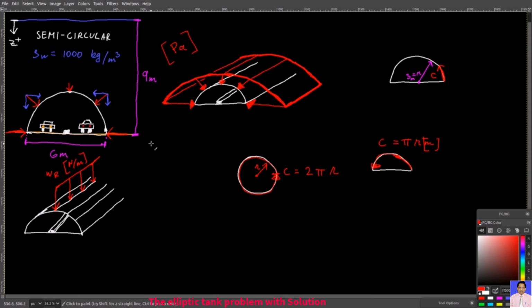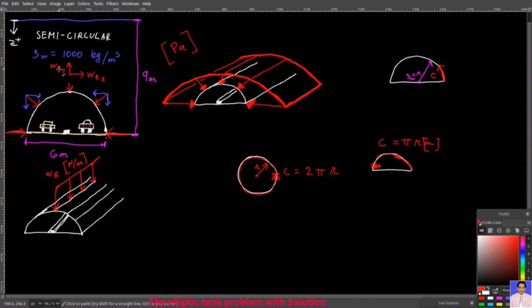Because the curvature of the tunnel constantly changes, the magnitude and the direction of the pressure distribution also constantly change. In that case, the distribution per unit length will be a vector that in general has two directions, WRX and WRY.